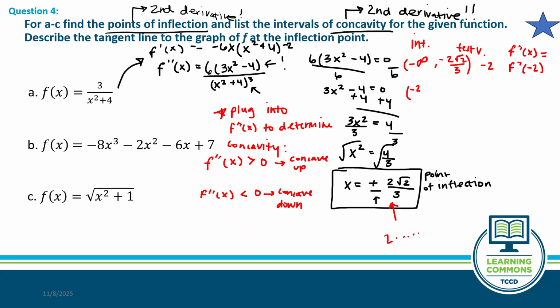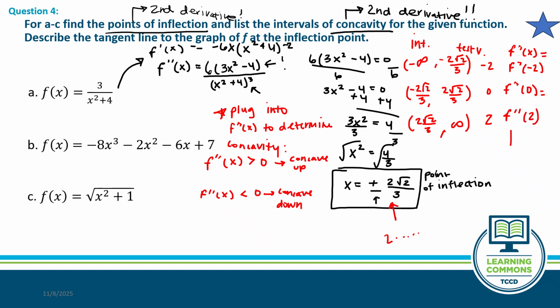Same thing, negative 2 root 2 over 3 to 2 root 2 over 3. I think my test interval was 0. And then plug that sucker in. Give me some number. And then I got 2 root 2 over 3 to infinity. And I picked 2.